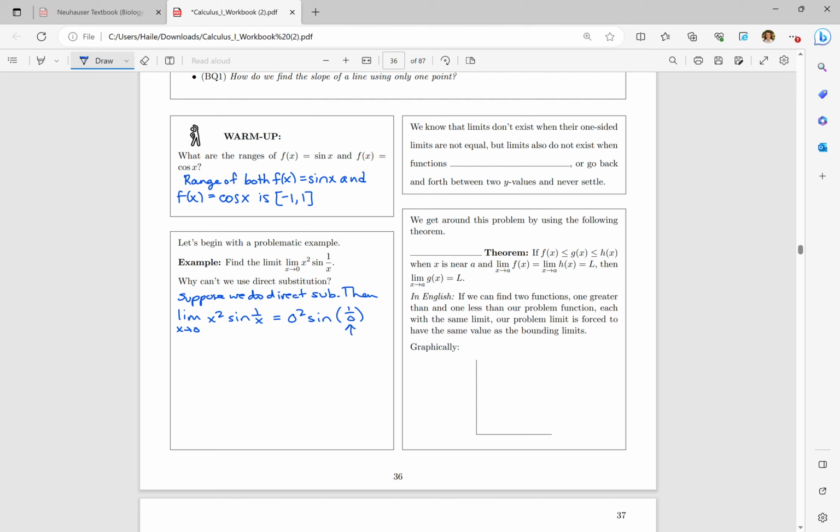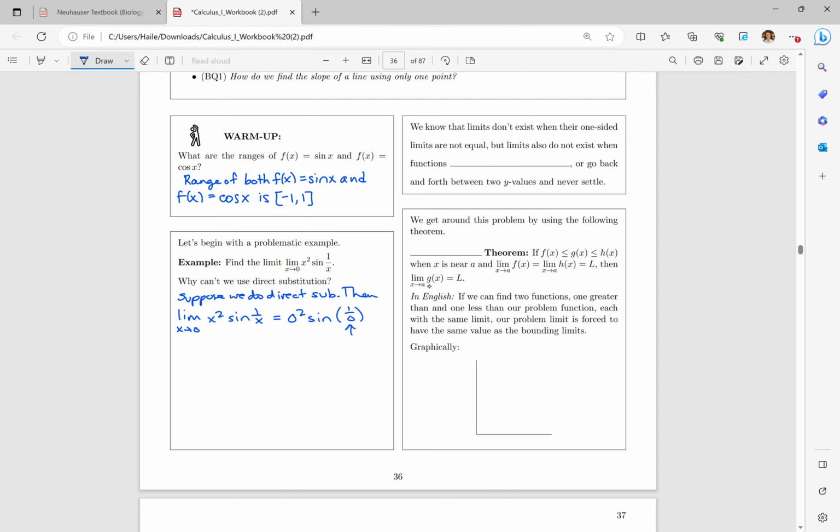So maybe you're thinking, well, 1 over x, as x approaches 0, that could be infinity. Let me rephrase that. 1 over 0 we could think of as a vertical asymptote, so that would be infinity.